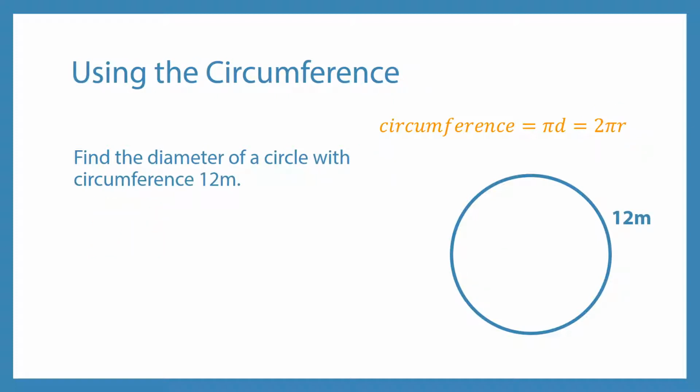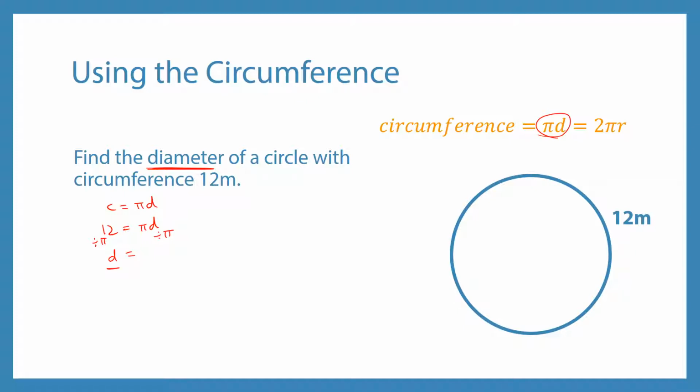Okay, so now you need to calculate the diameter if you have a circumference of 12. Okay, so we're looking for the diameter, so we're going to use this one. So we have C equals pi d. We can substitute in 12 as our circumference, so 12 equals pi d. Now, to get our diameter by itself, we're going to divide both sides by pi. I'm also going to swap the sides because we always want our variable on the left-hand side.